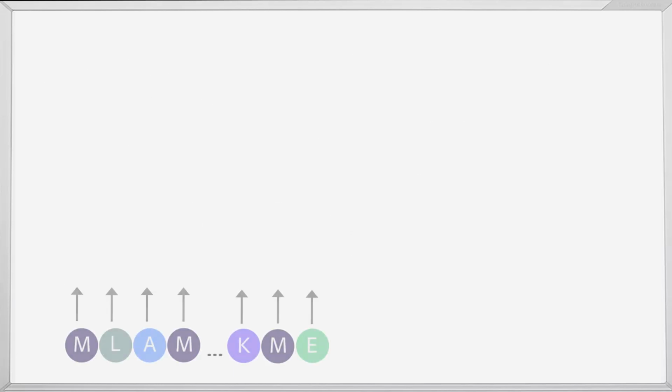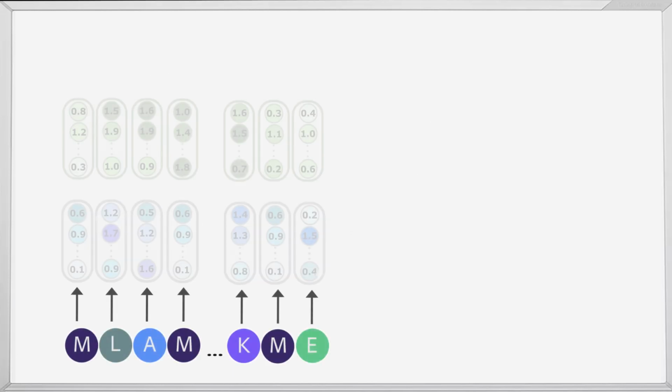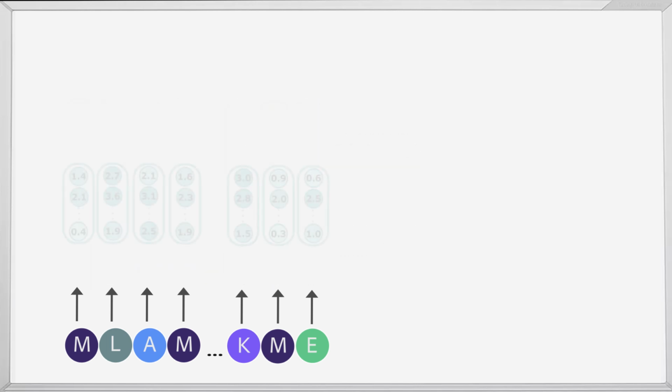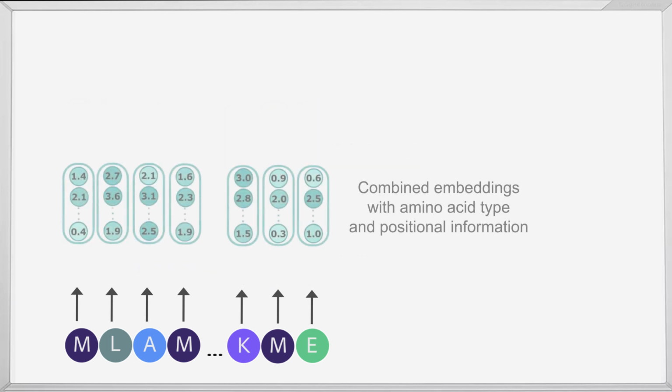We now want to combine for each token the position and the token type embeddings into a single vector. We simply add the position vectors to the token embeddings, resulting in token representations that encode both the type and its position within the sequence. For example, the resulting vector at the 4th position stores the information that we have the amino acid methionine at the 4th position.